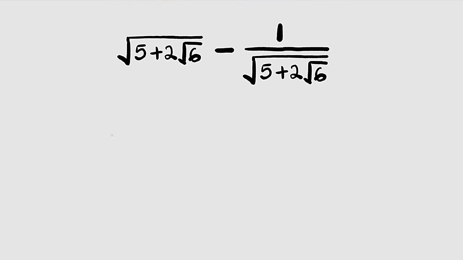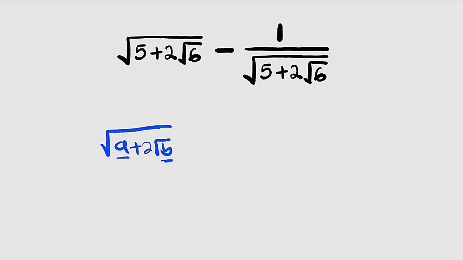Remember that if you have the square root of a + 2√b, all you have to do is think of two numbers which when you multiply them together, you get b. When you add them together, you get a.